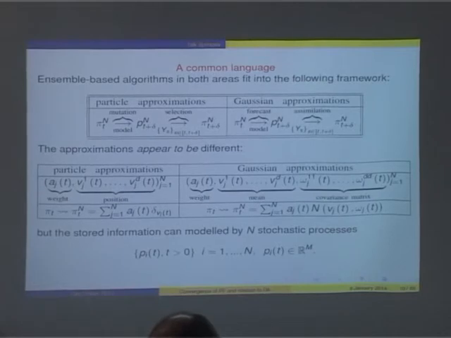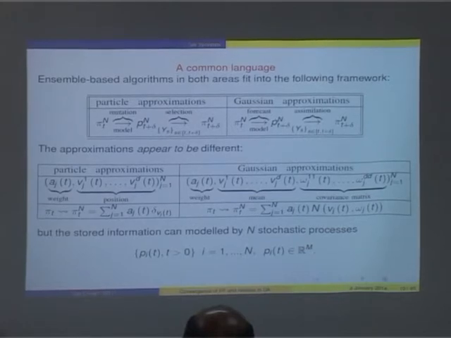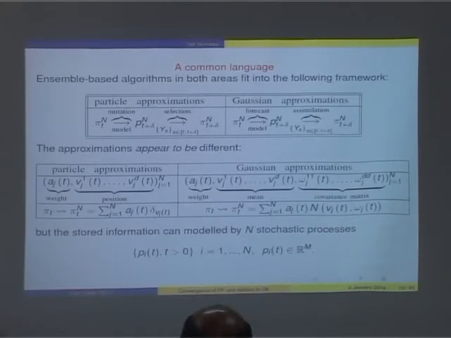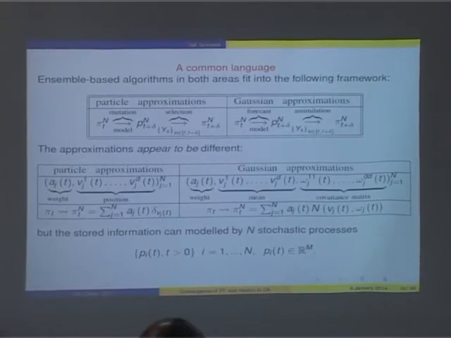So this is the last page that I put up yesterday, and I wanted to make the point that data assimilation and filtering come together, especially in terms of the numerical approximations of what they want to achieve.